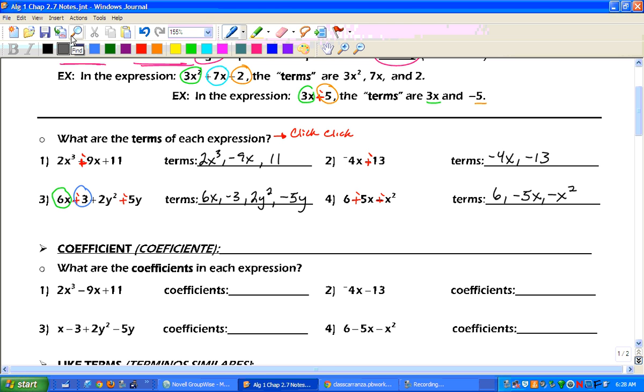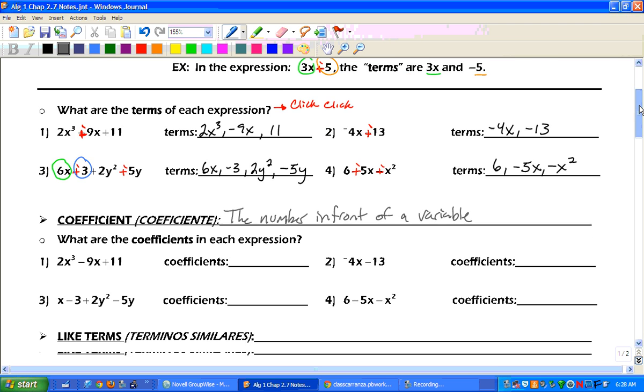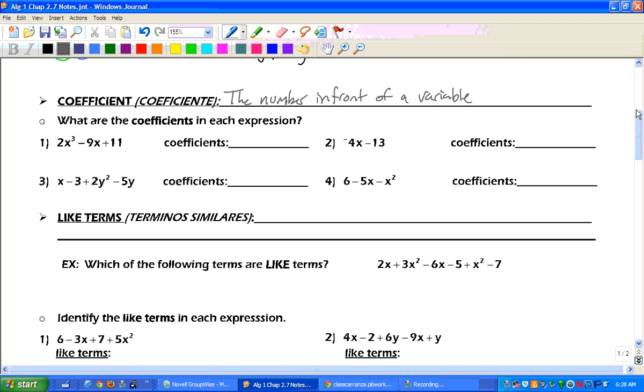Now, a coefficient is the number in front of a variable. So the number in front of a variable. If you look, we got the same examples as the first one.